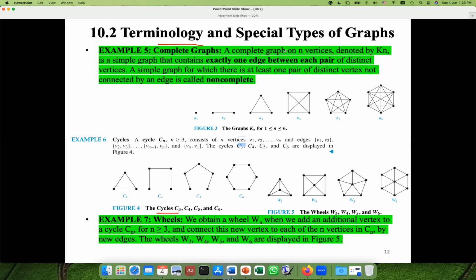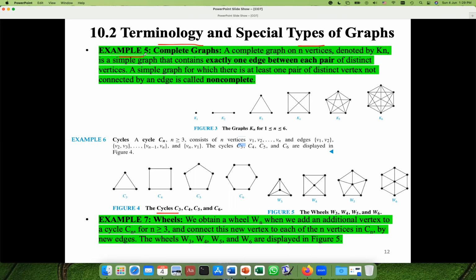So a complete graph would be a graph on n vertices. N vertices means it can contain any number of vertices. You can give a value to n, 1, 2, 3, 4, whatever it is, and then you can have some kind of graph. But that graph would be called a complete graph if it is a simple graph first.